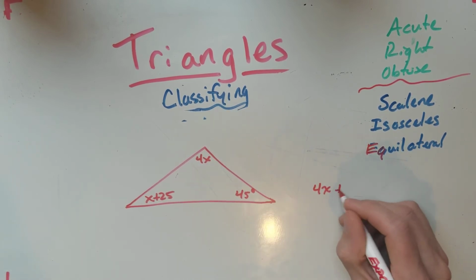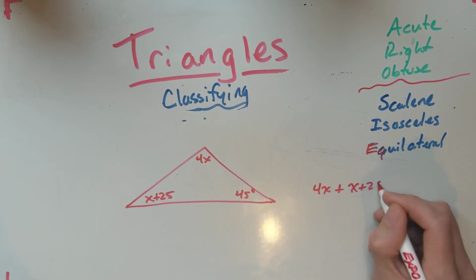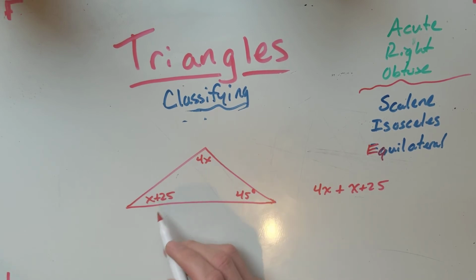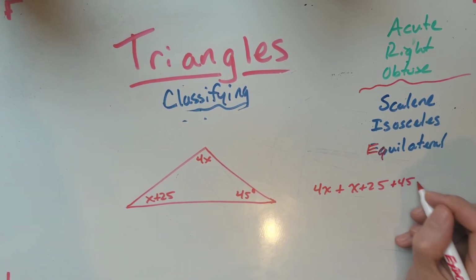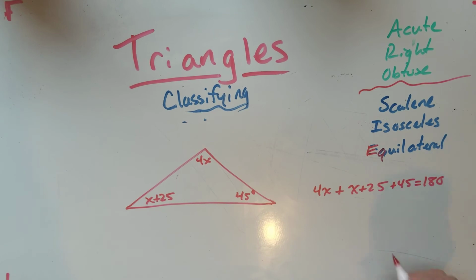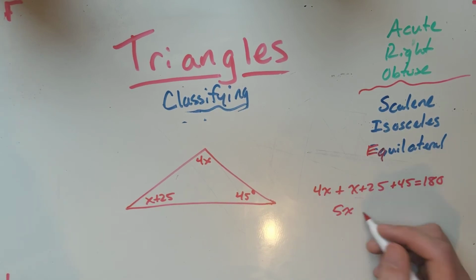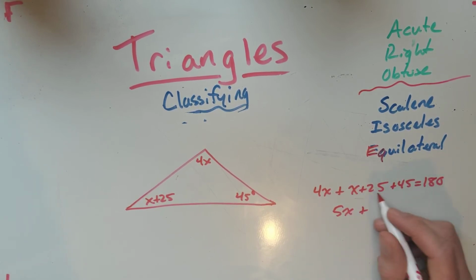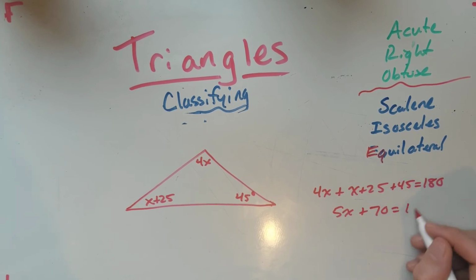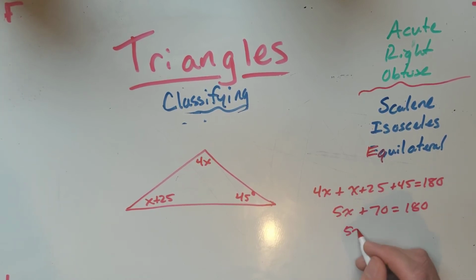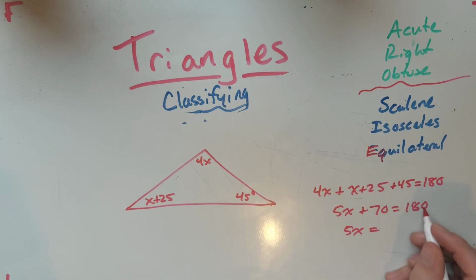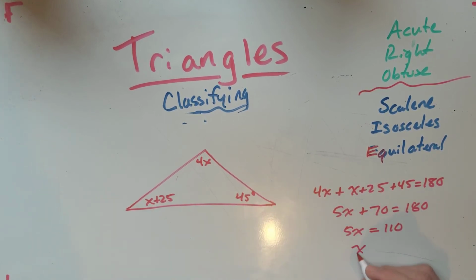All the angles should add up to be 180. So we can say 4x plus 25 plus 45. That should equal 180. So 5x plus, well, 25 plus 45 is 70, equals 180. So 5x is equal to, when you subtract 70, you get 110. So x, when you divide, you should get 22.